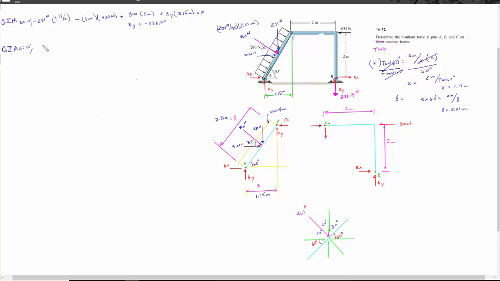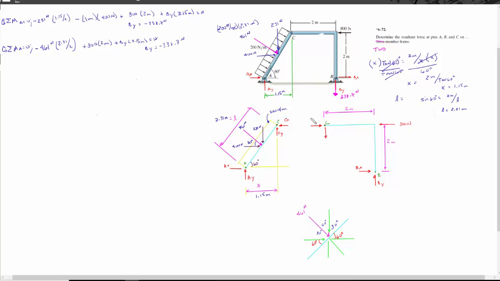So 461 newtons times half of 2.31 over 2, and that's going to be negative because it's going to be going in the clockwise, plus the 800 times 2 meters plus BY times 3.15 meters is all equal to 0. So this then is just these two combined, which you also would get BY is equal to negative 338.7 newtons.